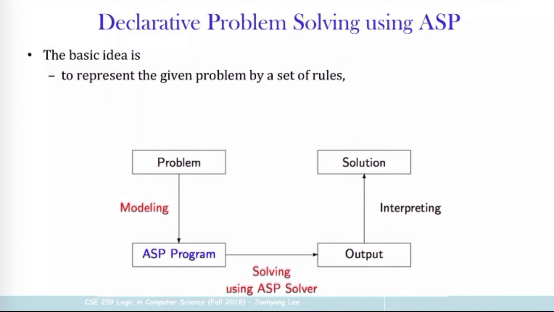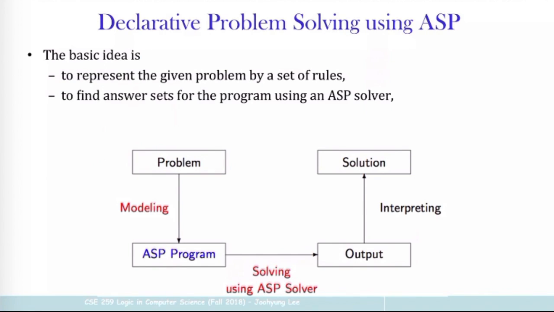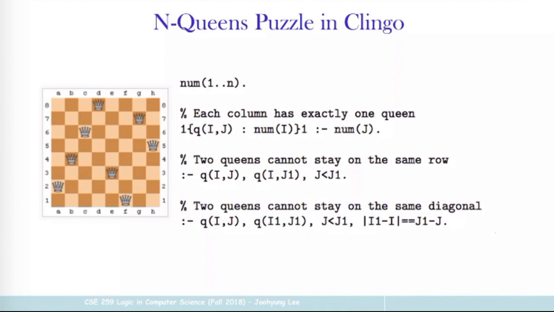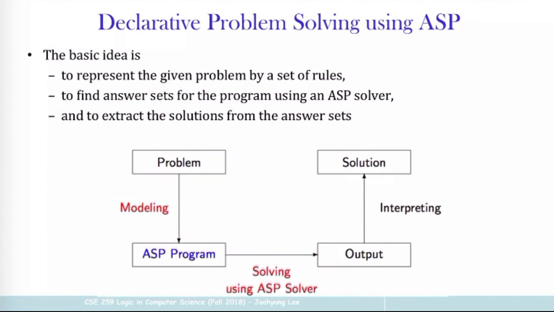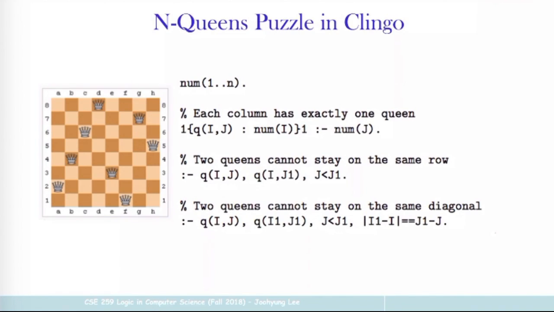Okay. So the basic idea of this programming is you represent the problem by a set of rules, and then find answer sets using an ASP solver, and then extract solutions from this. So this is the N-Queens puzzle. So maybe let's actually illustrate the idea here.